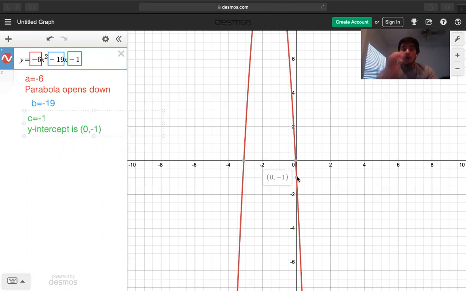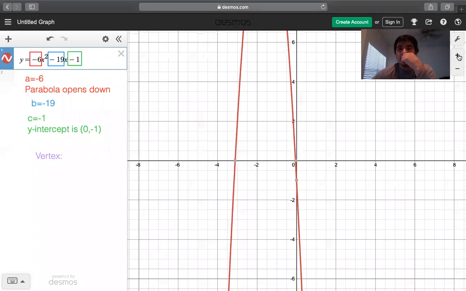Okay. So now we've got to find those two extra things. Let me use a different color. So let's start with the vertex. Remember, the vertex is the lowest or highest point. So looking at this, we see that there's a highest point, but I can't really see it. So I'm going to have to zoom out a little bit.